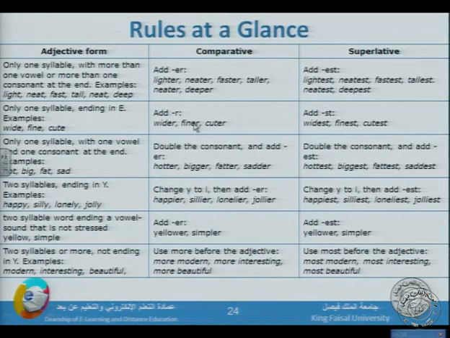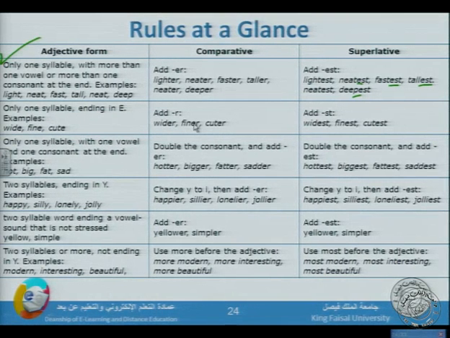Here are the rules at a glance, all together. This chart summarizes all what we have discussed in the previous slides. We've talked about the words with one syllable, like light, neat, fast, tall, deeper. حكينا في حالة الcomparative, you should add ER at the end, and with the superlative, you should add the EST, as you can see in these examples.